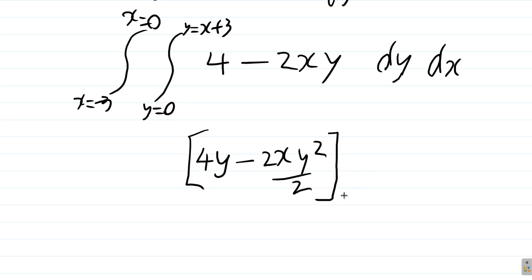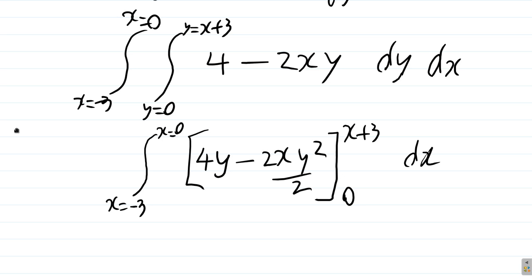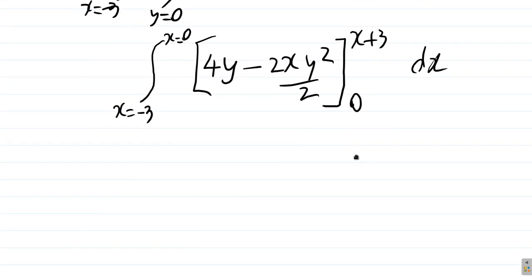And goes from y equals 0 to x plus 3. Now, I write back the integral from x equals negative 3 to x equals 0 dx. I'm just integrating with respect to y now. The integral with respect to x is not touched as yet.